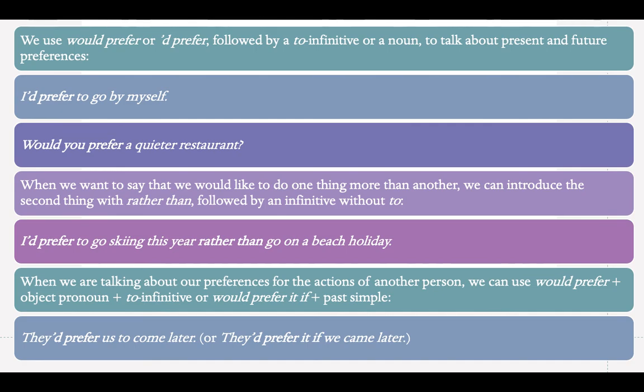Or they'd prefer it if we came later. It is the object pronoun, and then if plus the past simple. Just keep this in mind when you use prefer. The commonest error that people make is using than instead of to.